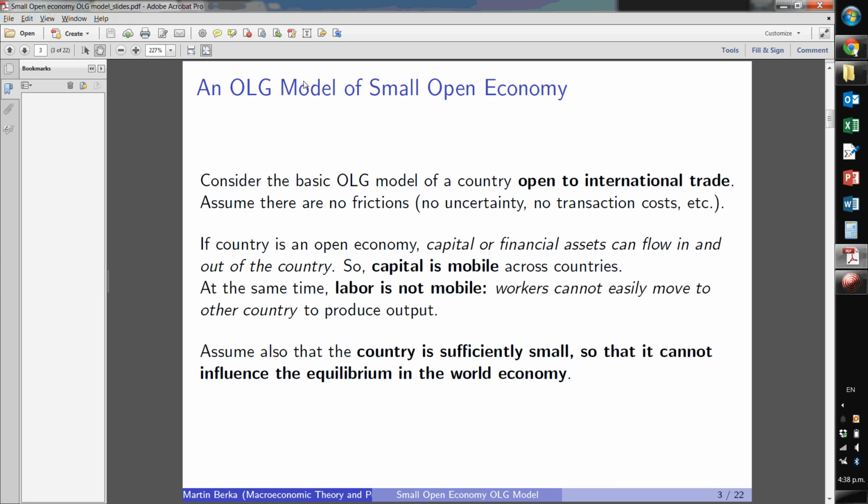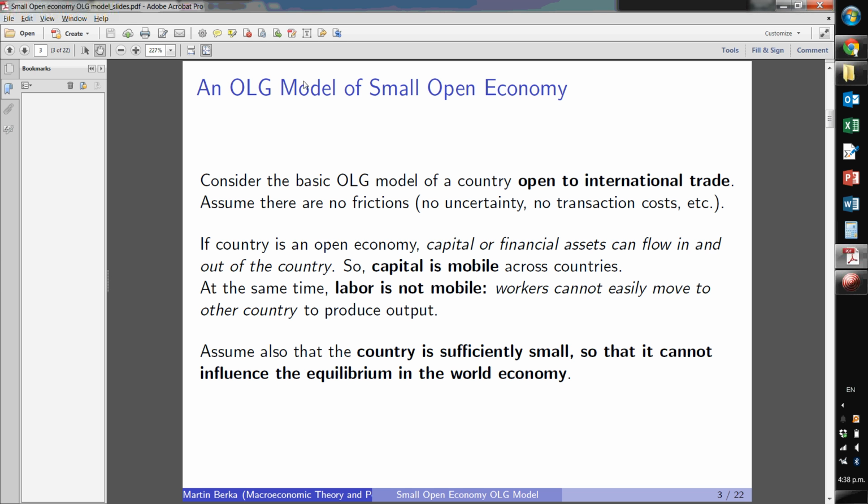And as I mentioned, the small open economy assumption means that the interest rate on the world market, as well as supply and demand on the world market, cannot be influenced by the small open economy.